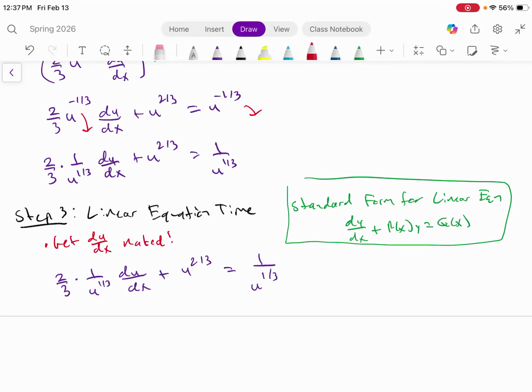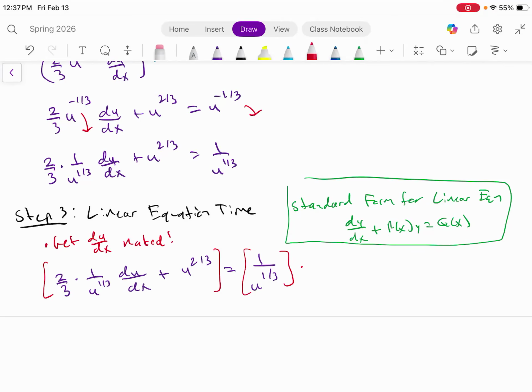And we want to get our derivative naked, so we're going to multiply both sides by the term that's multiplying our derivative to undo it. This is why we wrote it out a little long like this, 2/3 times 1 over u to the 1/3, just so it makes it easier to see the multiplication.